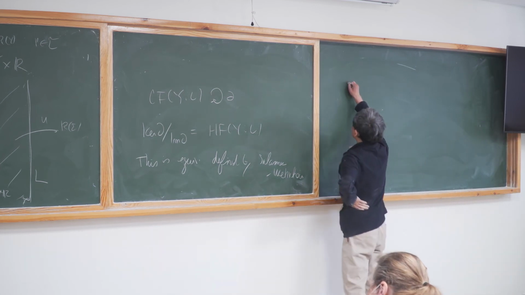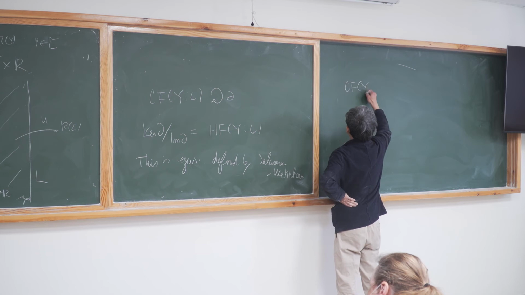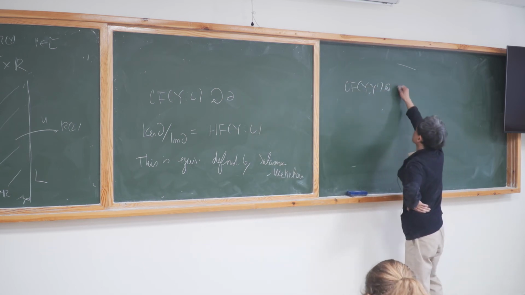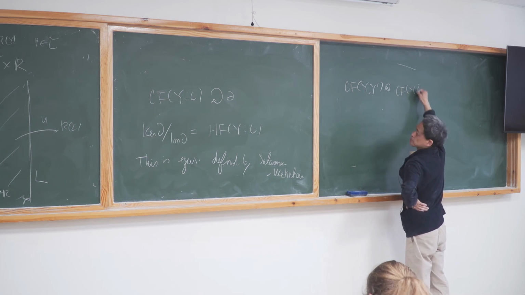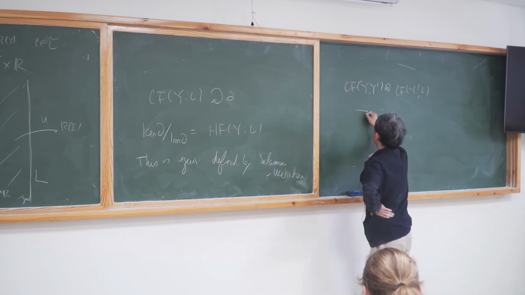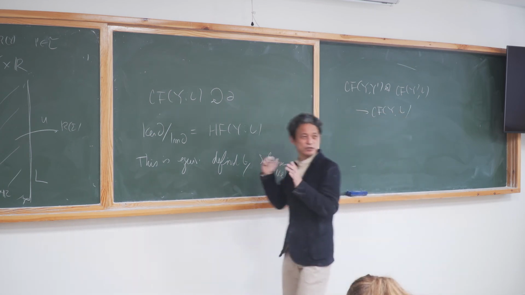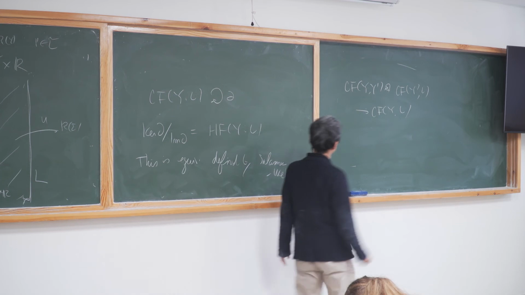Something I want to explain is this kind. Right? So we need to define this. So this is a left module structure.